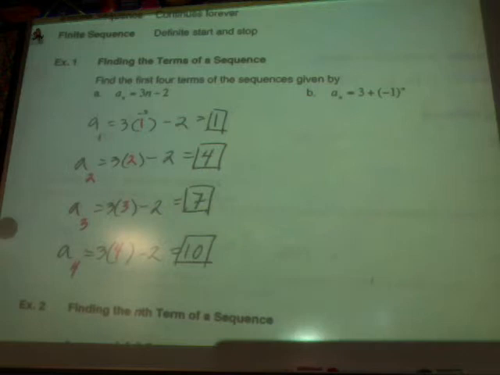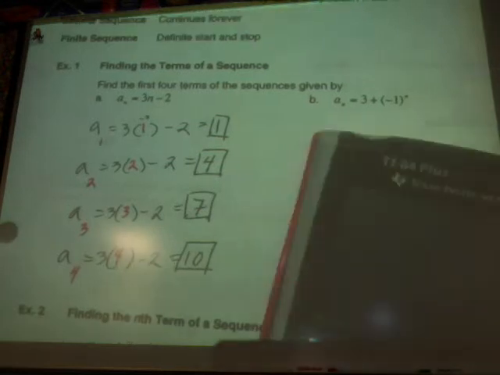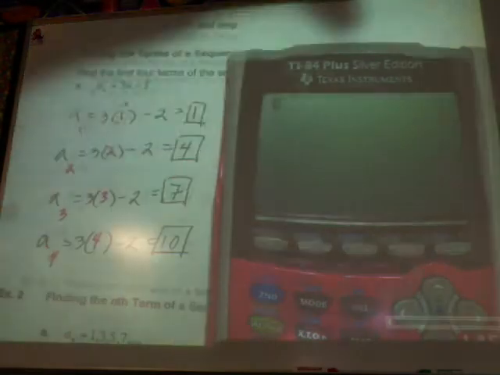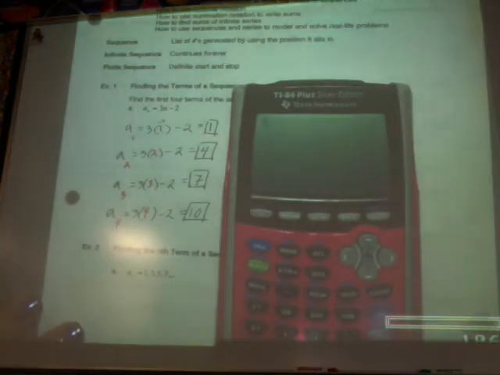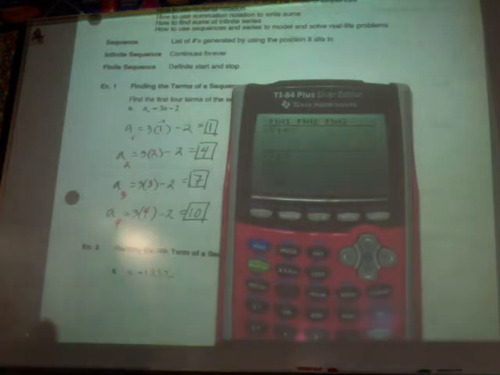Then I will suggest that you take your calculator and check your pattern on your calculator to see if you're correct. We're going to take our handy-dandy calculator. And I'm going to go into y equals, clear out anything that might be there.